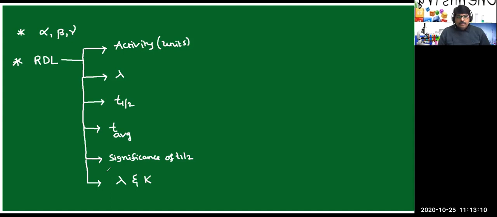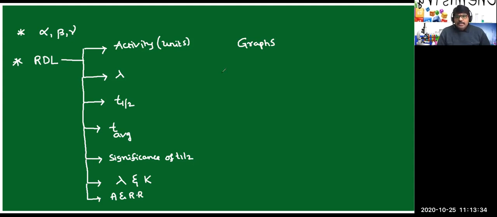Along with this, we also discussed the difference between activity and rate of chemical reaction. And all possible graphs on radioactive disintegration we discussed. These are the things we discussed in the first video.